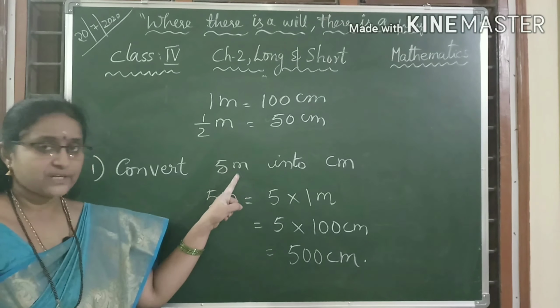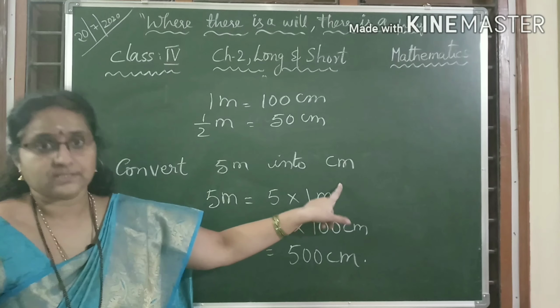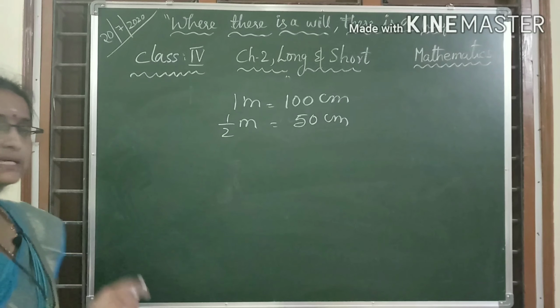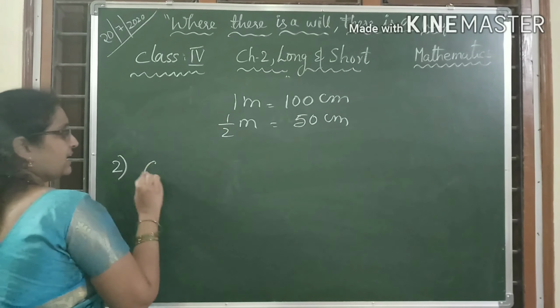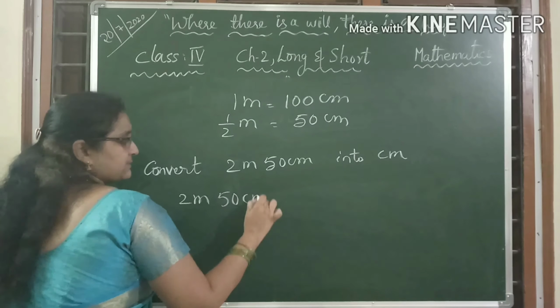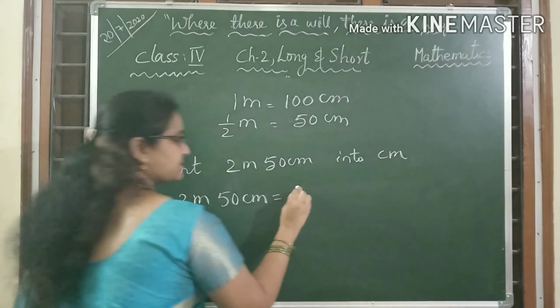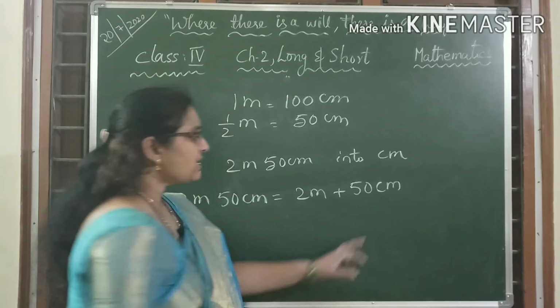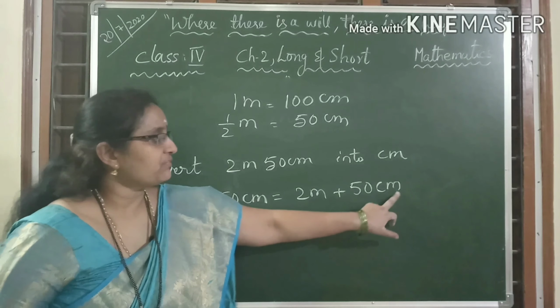What we are doing here? We are converting meters to centimeters. Good. Next, let us see another problem. Convert 2 meters 50 centimeters into centimeters. This can be written as 2 meters plus 50 centimeters. Here we already have centimeters, so no need to convert this part.